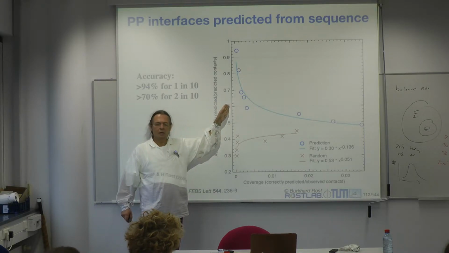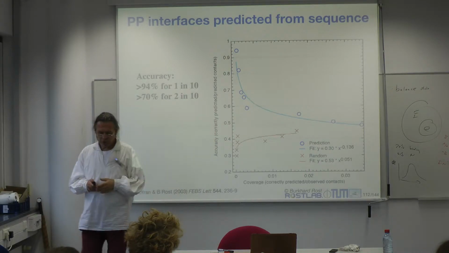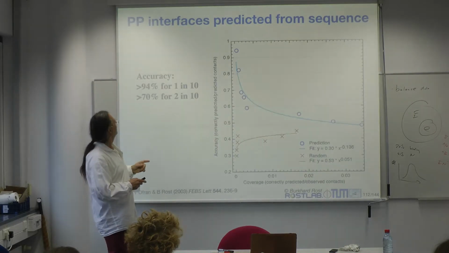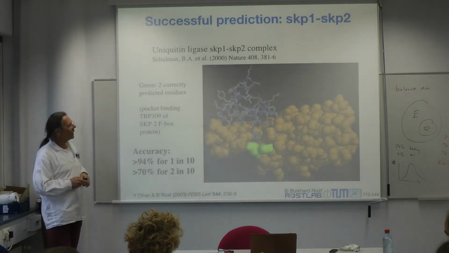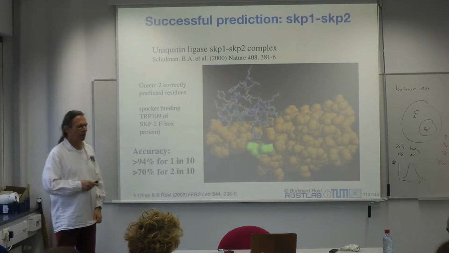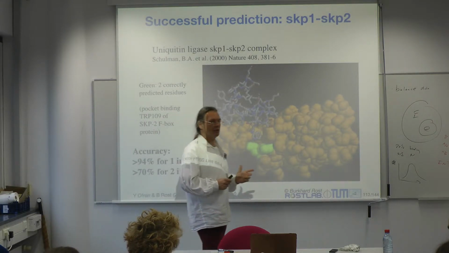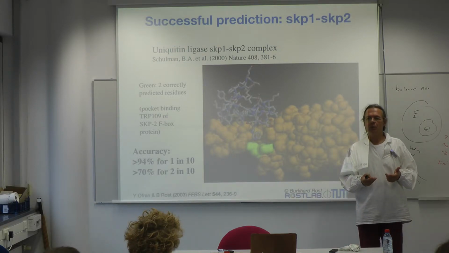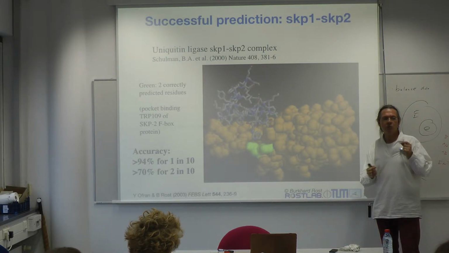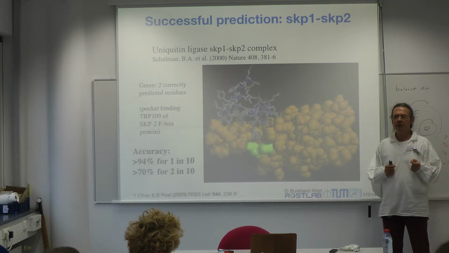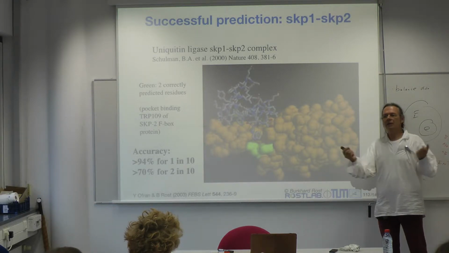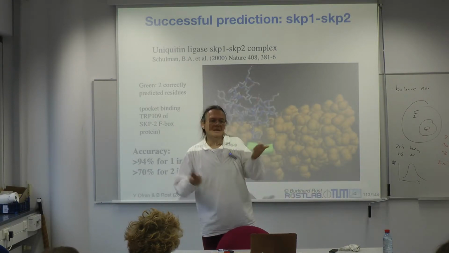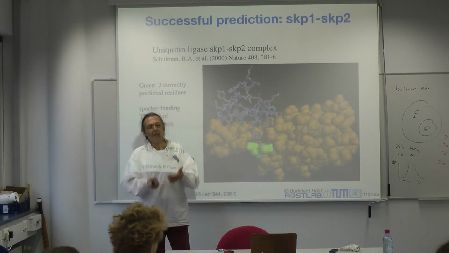And what does it mean? It means that at that level, we get at least one prediction in every protein that we know binds other proteins. On that level, we have at least one residue predicted. Protein interaction typically has 20 to 30, 40, 50 residues, so 1 in 40 is a small number, but it's a start.